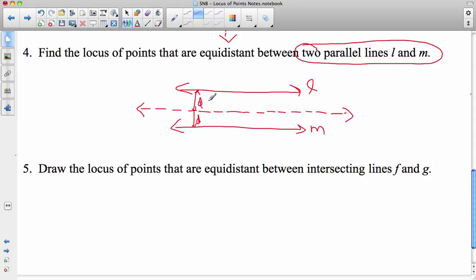And we had to come up with a description, which would be a line parallel to L and M at a distance D from both lines.